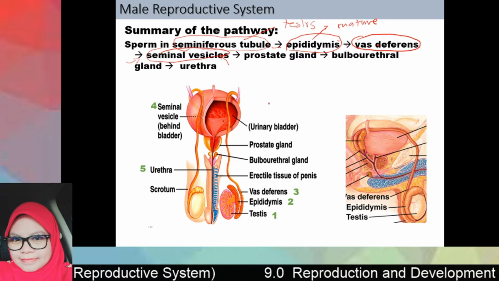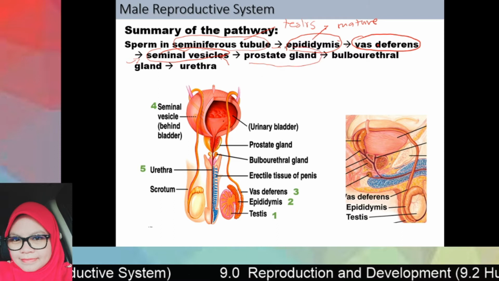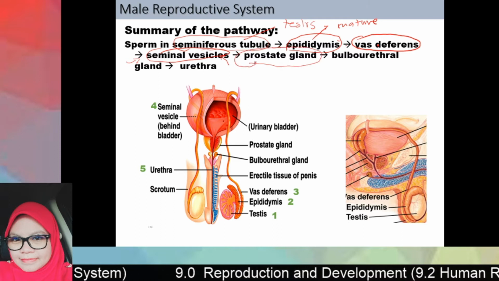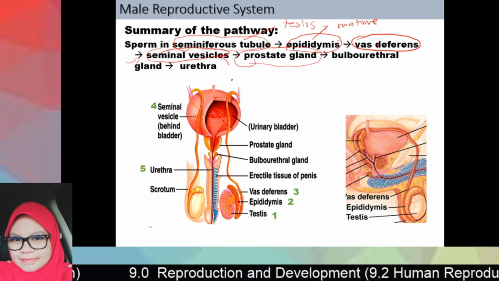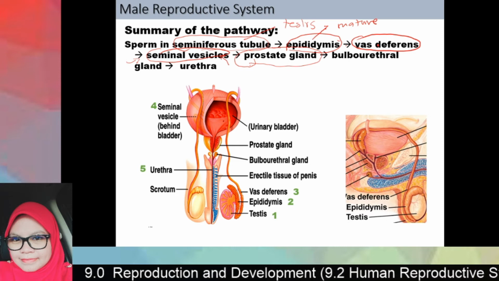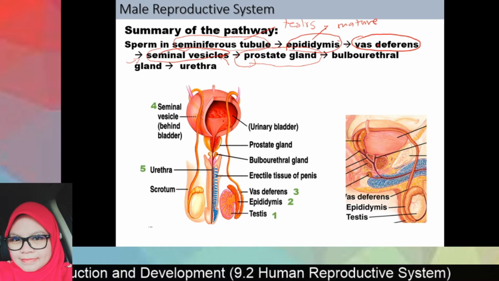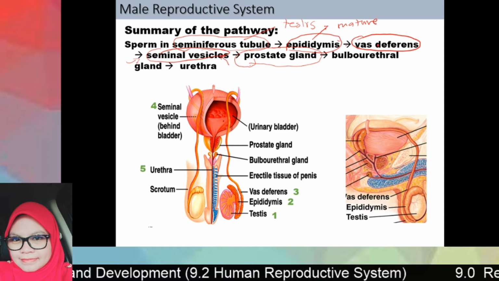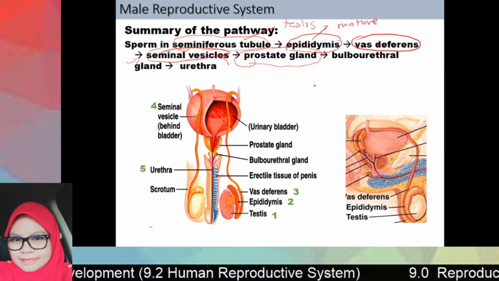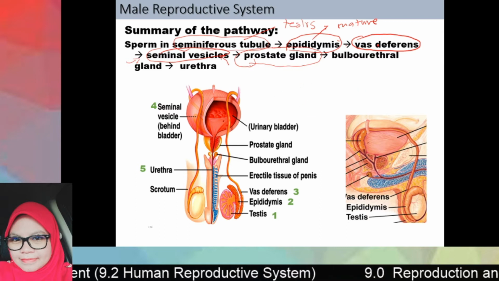And then they go to the prostate gland. For the prostate gland, again it will secrete an alkaline fluid to neutralize the acidity of the female reproductive tract, or we can say neutralize the acidity of the vagina.